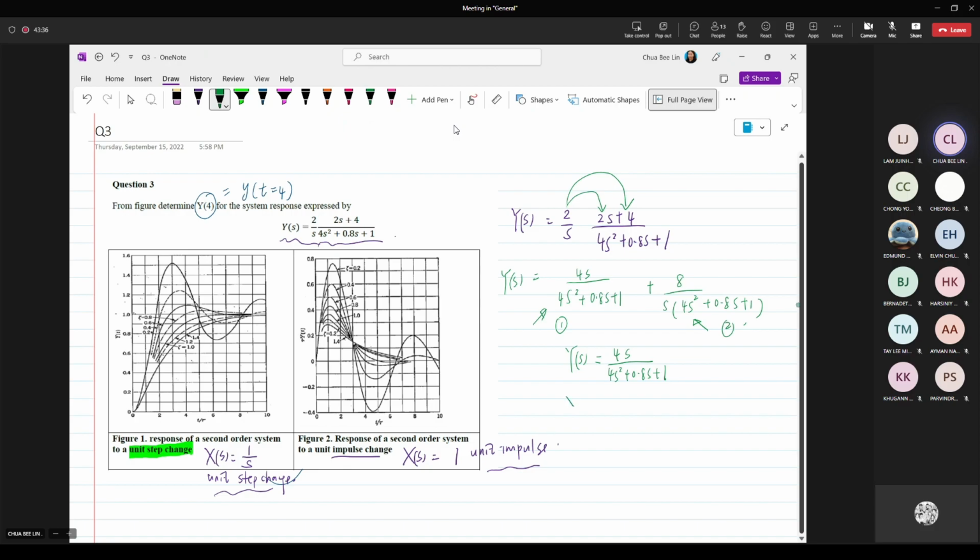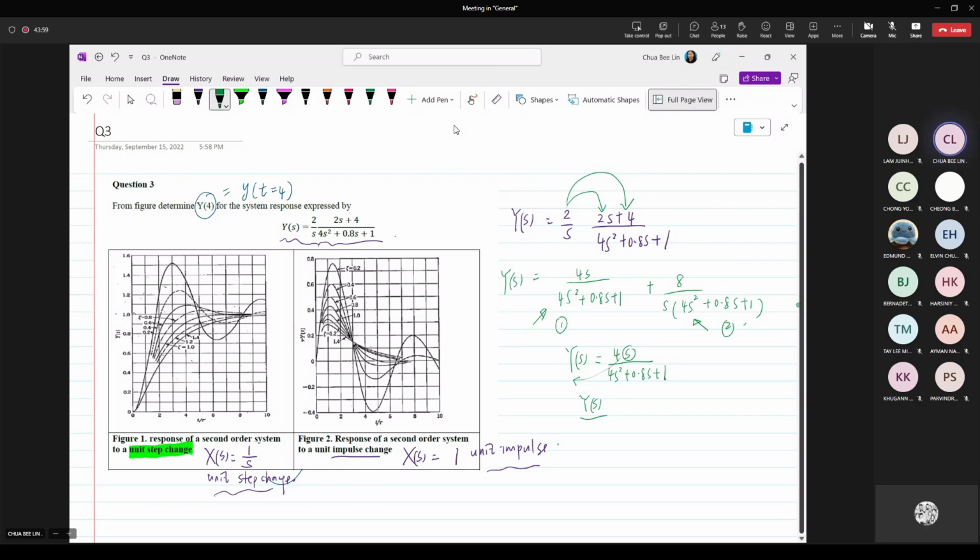So you have to identify either it is unit step change or unit impulse. So from here, you'll be having Y(s) over this one.